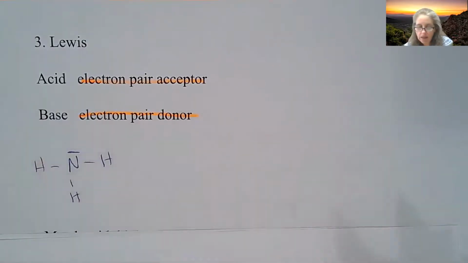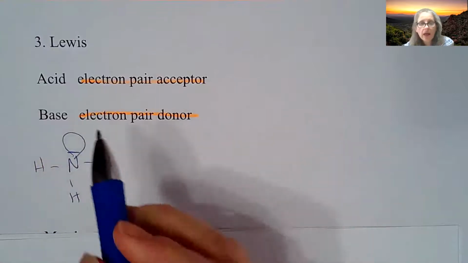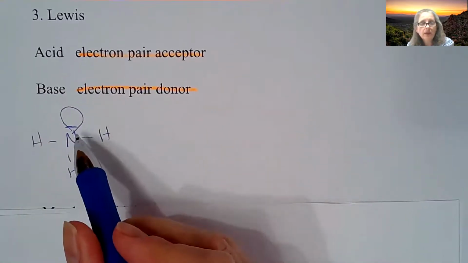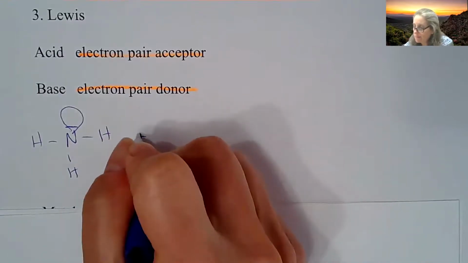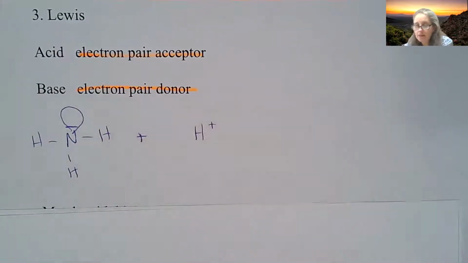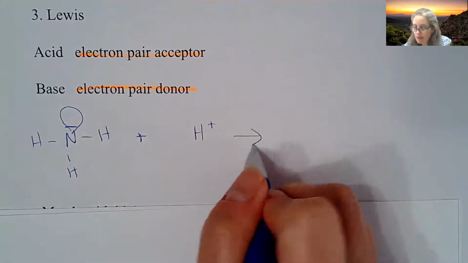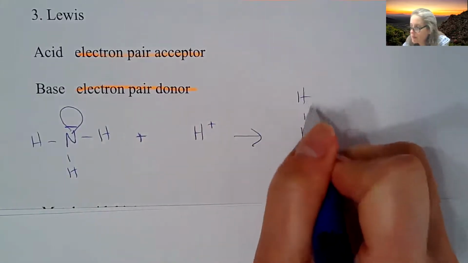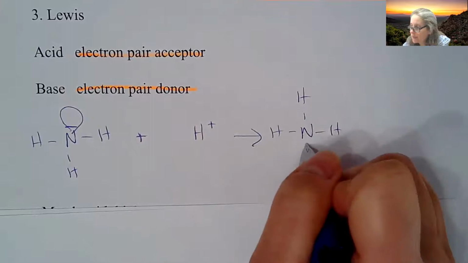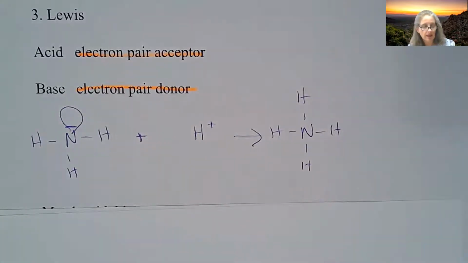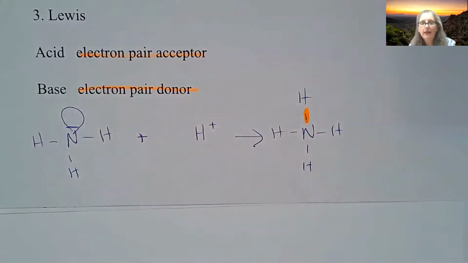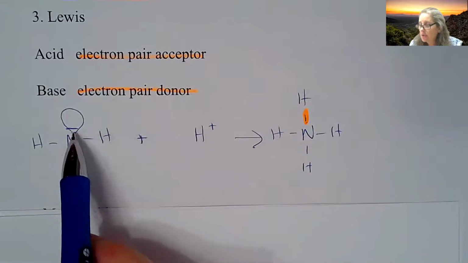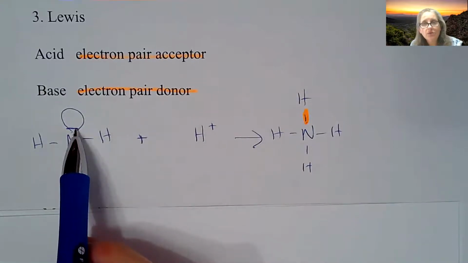And ammonia is unique because it has a lone pair on it, okay? The nitrogen does. So when it reacts with an acid, something with an H plus, it becomes our friend ammonium ion, okay? So what has happened is I've essentially made a bond there with the two electrons from the nitrogen.